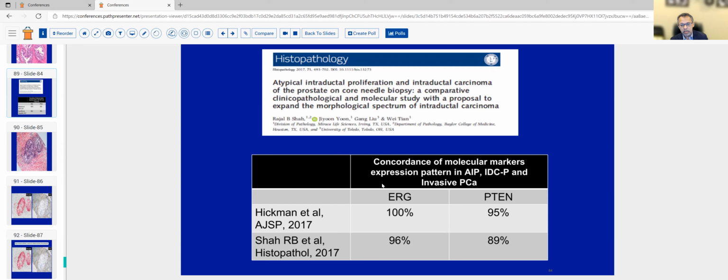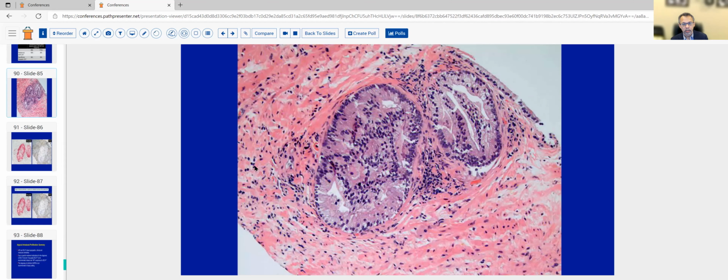There is a high degree of concordance of PTEN loss and ERG overexpression in AIP, intraductal carcinoma, and associated invasive carcinoma, as shown here in 2 studies that we have conducted on this particular subject.